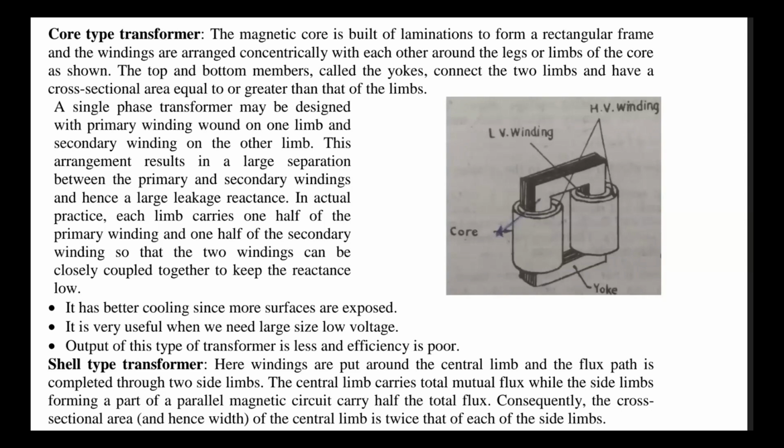But in case of the core type transformer, the area which is used for winding is more, so it is more exposed. As we know, the small transformer is air cooled, as in case of our laboratory transformers, and in case of the bigger transformers, they are oil filled.